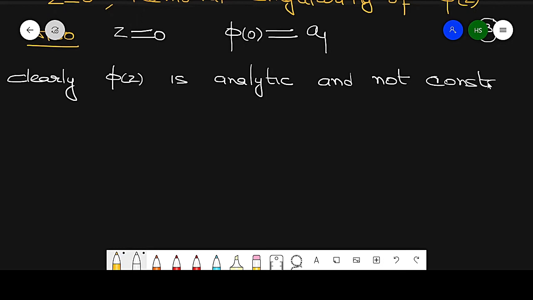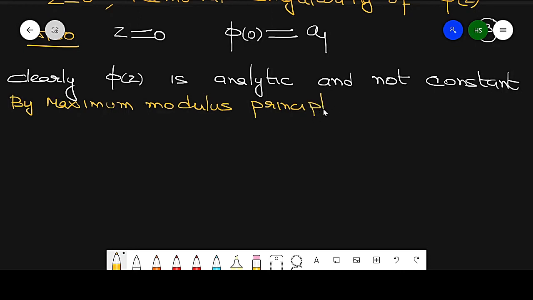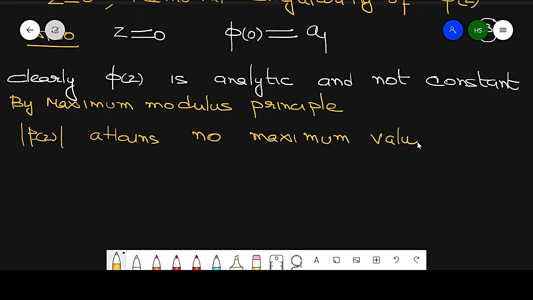It means by the maximum modulus principle, modulus of phi(z) attains no maximum value inside C. So here it is not f(z), here it is phi(z).